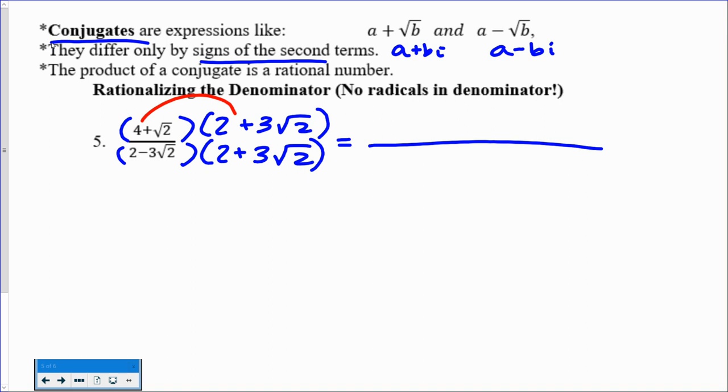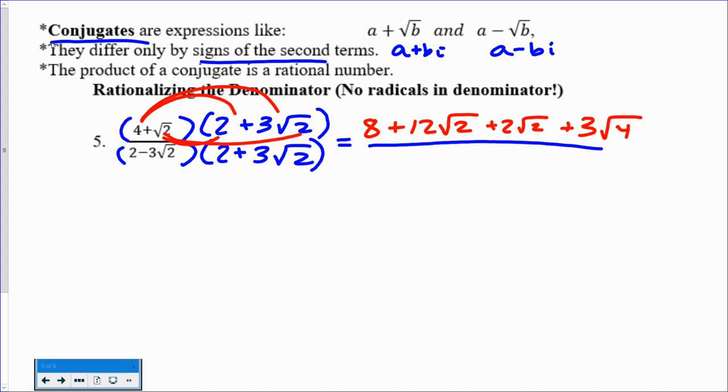So I've got 4 times 2 is 8. 4 times 3 square roots of 2, remember I'm just multiplying the numbers outside of the radical, so that would give me 12 square roots of 2. If I take 2 times the square root of 2, that is 2 square roots of 2. And then I am multiplying the 3 square roots of 2 times the square root of 2. Remember, the numbers inside the radicals would multiply to get 4.